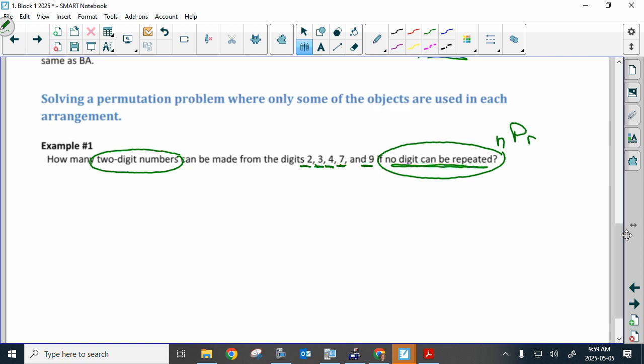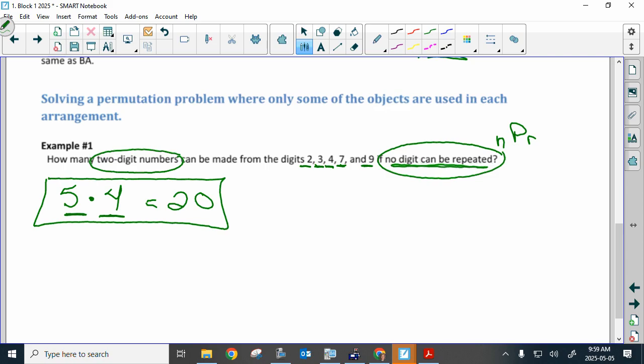So if it's a 2-digit number, if we can only use those digits, how many options do I have here? There's 5, and then there's 4. So this would have been 20, and this would have been a brilliant way to outline this question.